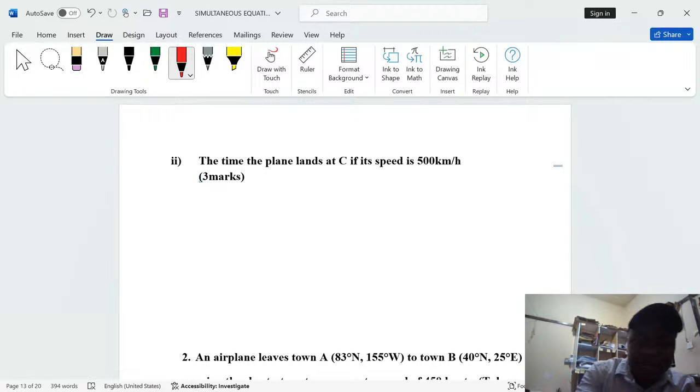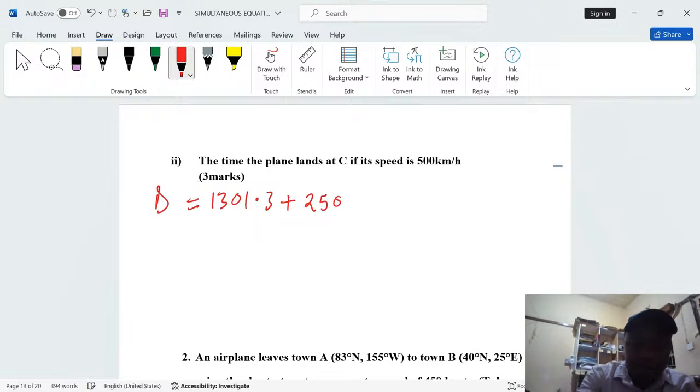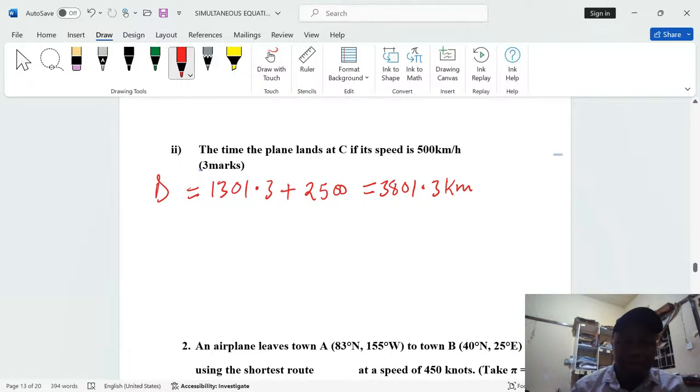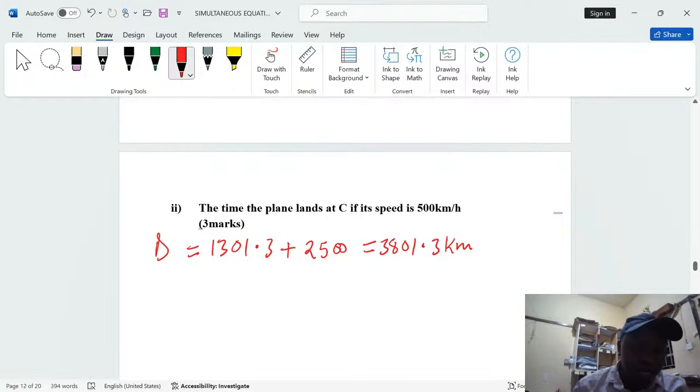So the total distance covered is the initial 1301.3 kilometers, then from B to C we have 2500 kilometers, a total distance of 3801.3 kilometers. That is the total distance from point A up to B, then across to where C is.